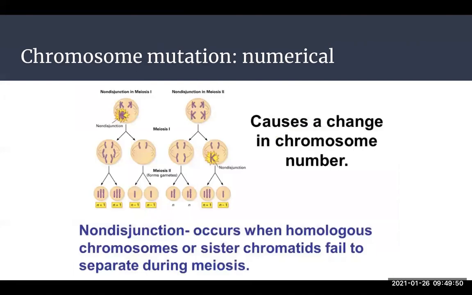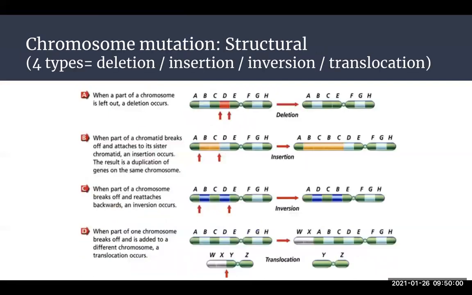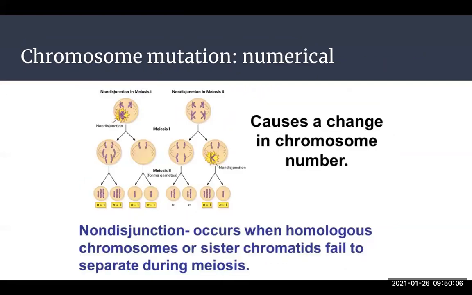Okay, after talking about mutation that started from a gene, we're going to move on to chromosome mutation. There are two different types. You either have numerical or you have structural. Let's talk about numerical first because this is the one that we've come across before. Numerical mutation in chromosomes means that an individual will have a different number of chromosomes. So instead of having a normal pair, they may have only one or they may have three of the same homologous chromosome.